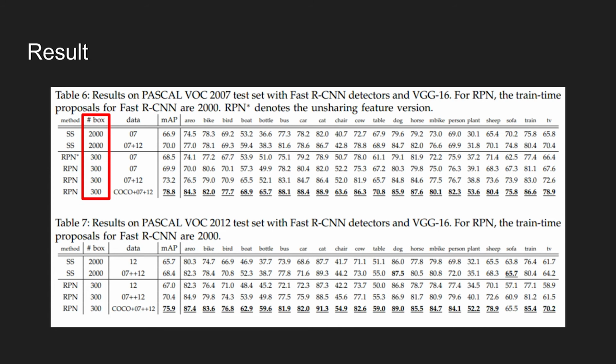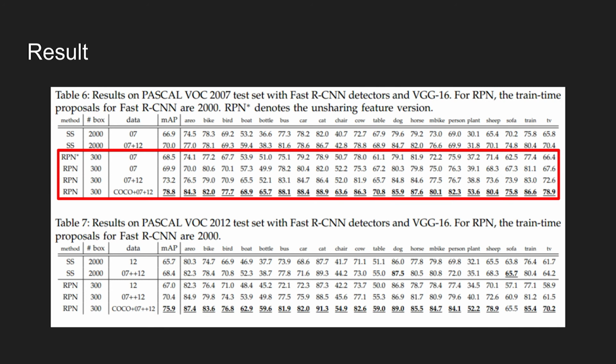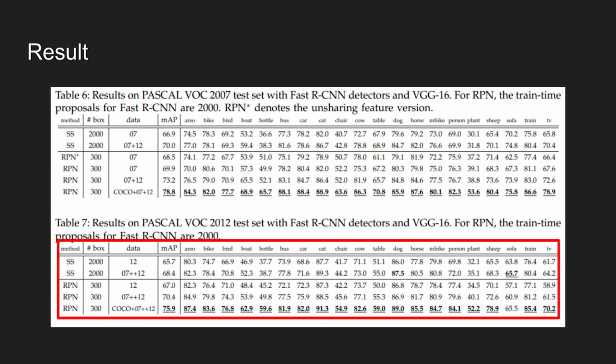The number of proposals of the RPN is less than the number of proposals made by selective search, but the model that uses RPN achieves better results compared to the one using selective search. The top table shows the performance of the model on the PASCAL VOC 2007 test set, and the bottom table shows the result on the PASCAL VOC 2012 test set.